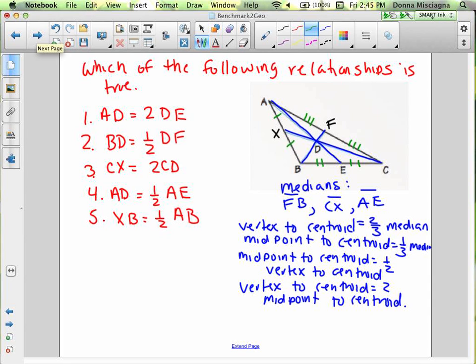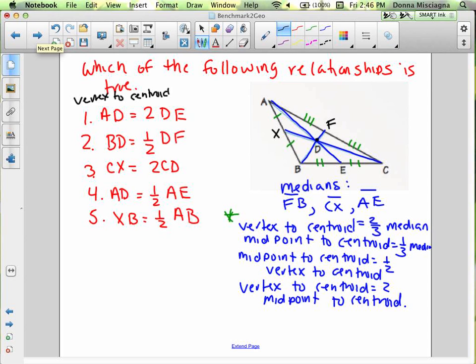All right, so now let's use all of that information and figure out which ones of these are true and which are false. AD is vertex to centroid, equals 2DE.